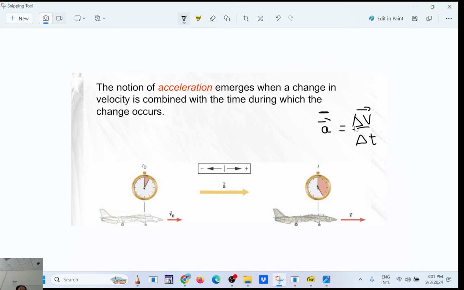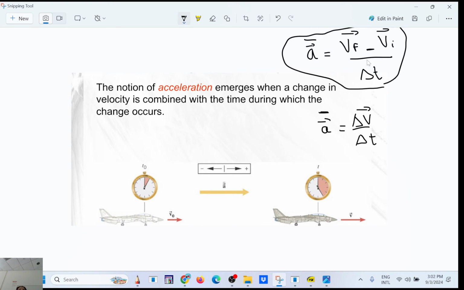Delta means a change. So each time you have a delta, it means final minus initial. So the average acceleration is the final velocity minus the initial velocity over the time elapsed.